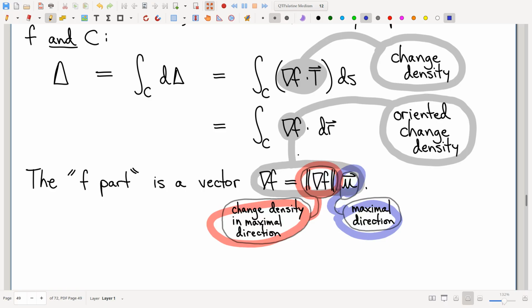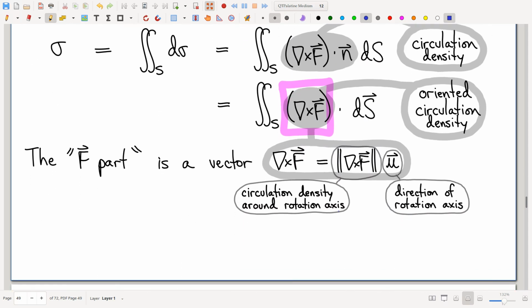So that tells you, in other words, that U vector tells you in which direction is that change actually happening. That's represented by that magnitude. Okay. Same thing happens with curl.